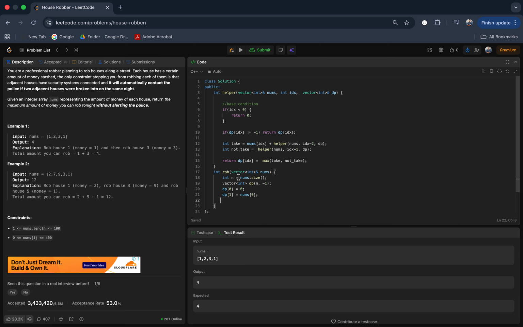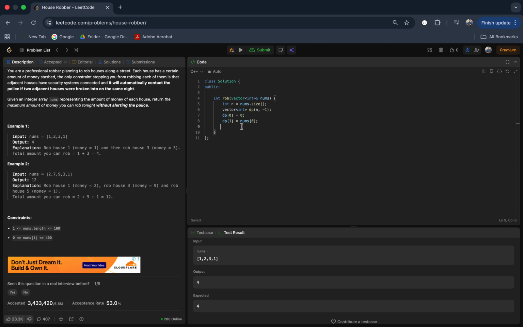I don't need this helper function now, and I will calculate from i equal to 2 to i less than or equal to n, i plus plus.